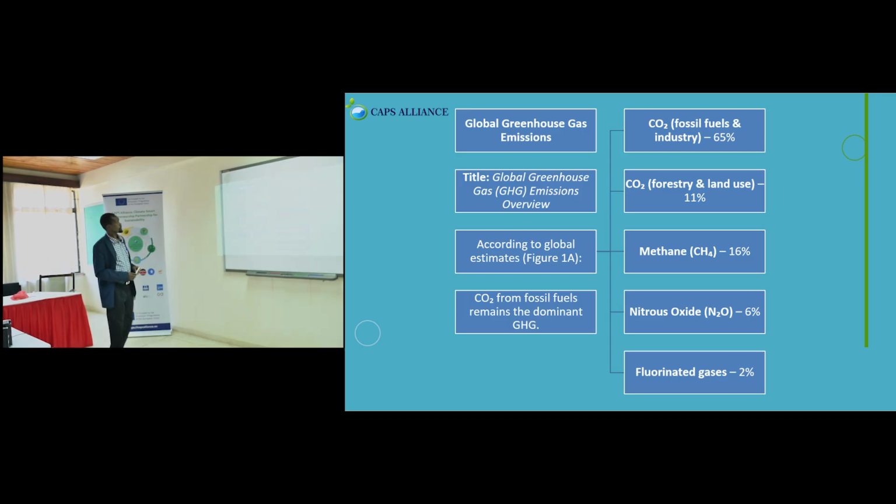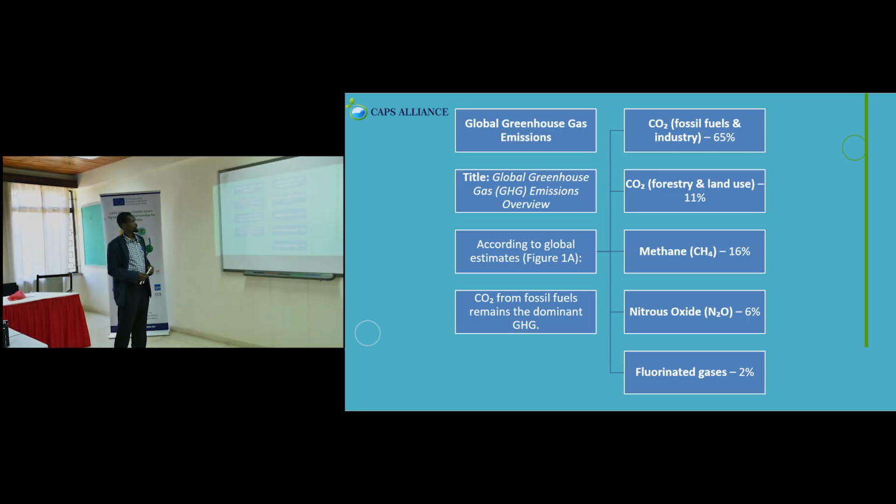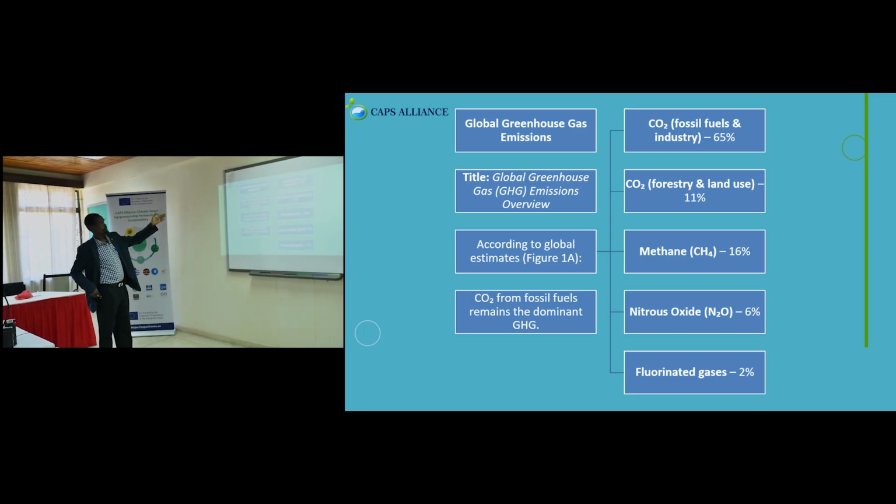Now, global greenhouse gas emissions. We know what greenhouse gases are. We have given examples there. We have CO2, whose source is mainly fossil fuels. If you burn kerosene or diesel, in every machine you release CO2. Then we have methane, which is also very critical, an organic gas.